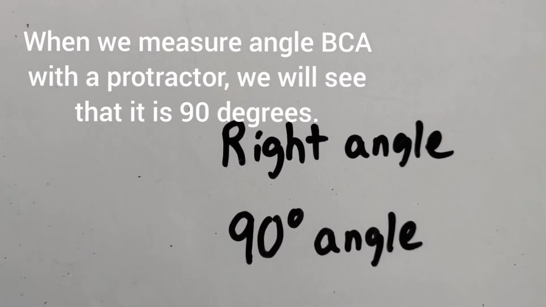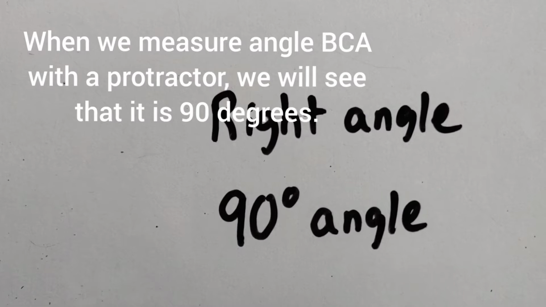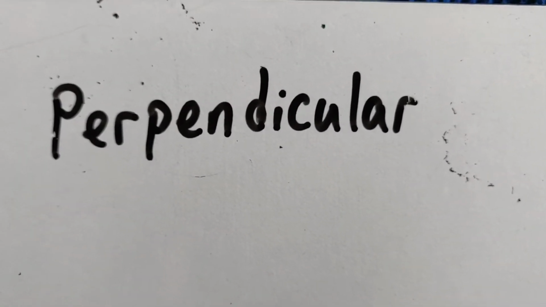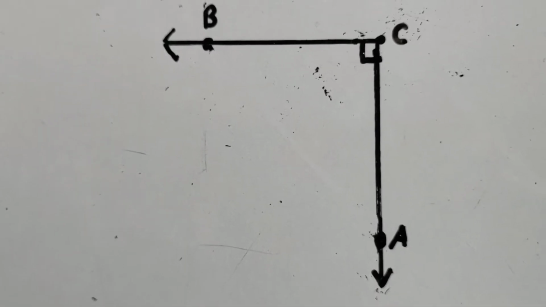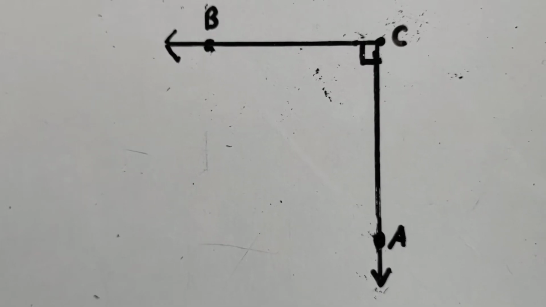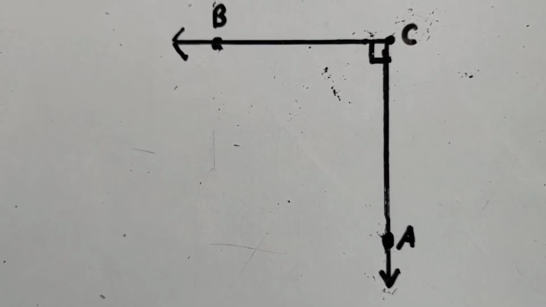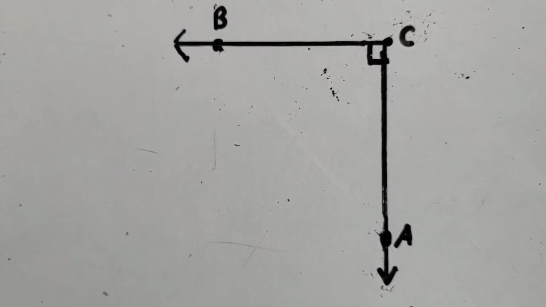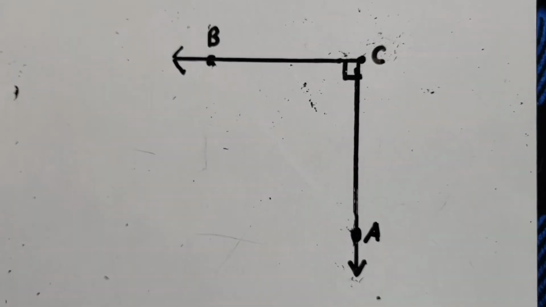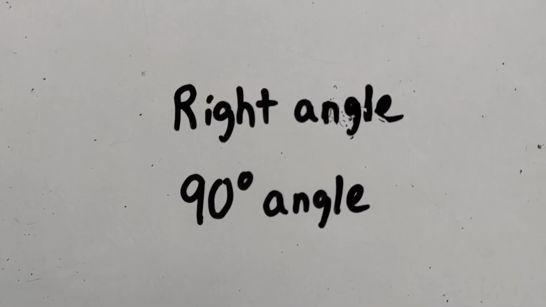We'll also find out later that when we measure the angle, right angles are always 90-degree angles. And so again, that word perpendicular means when two line segments, two rays, as shown here, or two lines intersect at a right angle. When they do, they're perpendicular, in this case, perpendicular rays. And perpendicular rays form a right angle or a 90-degree angle.